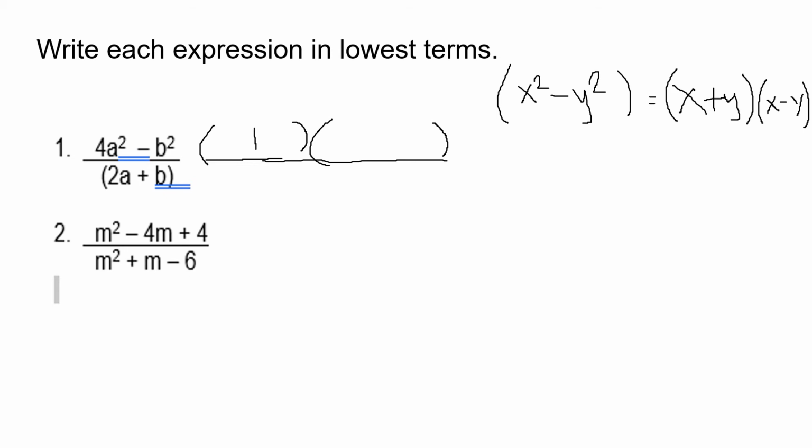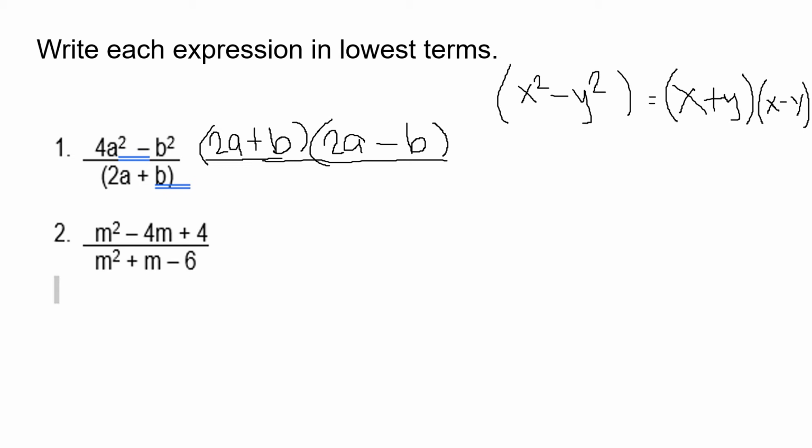So magkakaroon tayo ng plus sign and minus sign. Then factor natin yung first term, 4a squared, magiging 2a. And then factor ng b squared ay letter b. So kokopyahin lang natin yan sa kabilang factor. Magkaiba lang sila ng sign sa gitna.